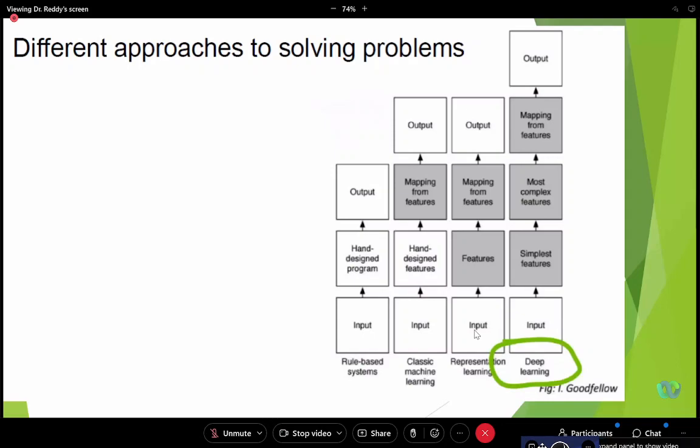Somebody share your views. Let the session be interactive. Please feel free to share. What I'm asking is, if there is a research problem where you want to use a deep learning based solution, or a genetic algorithm, or a fuzzy logic based solution, how do you know which is more suitable here? Somebody please unmute and answer.